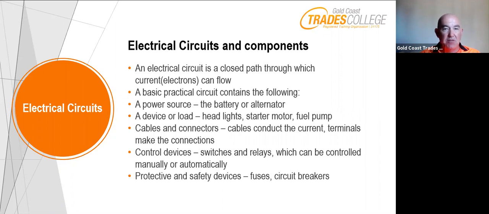Protective and safety devices: fuses, circuit breakers. We still have a number of fuses used throughout the automotive industry, although circuit breakers are becoming more and more the norm now. Control devices, a lot more relays being used, a lot more power sensitive, current flow sensitive devices in cars.